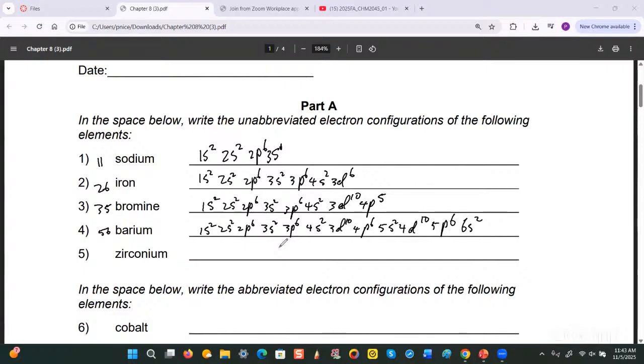Okay, zirconium. What's the atomic number and the symbol for it? 40.